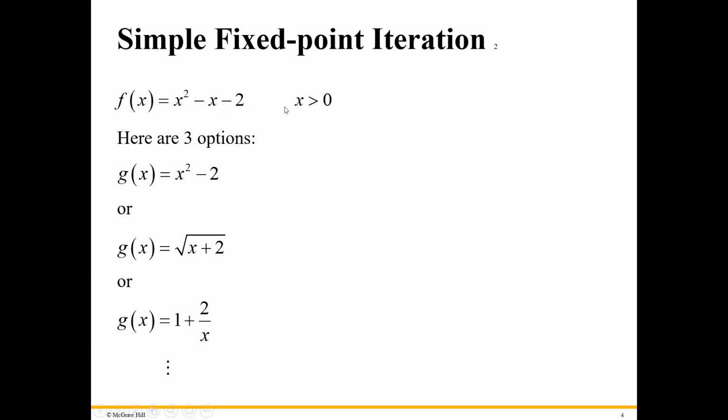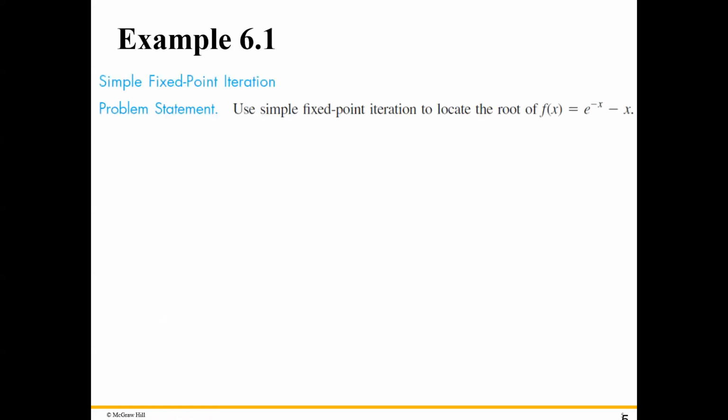So 1 and 2 over x you can take on the other side, and then x remains over here. So x is equal to 1 plus 2 over x. So several types can be written, and then those types can be used for that purpose.